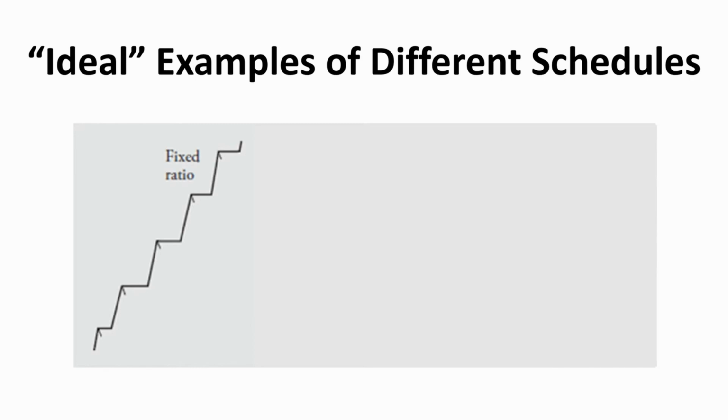So if we started with an FR10 and then switched to an FR20, where at the beginning the rat had to press the lever 10 times to receive reinforcement, but we switch it so that afterwards they have to press that lever 20 times to receive reinforcement, then we might expect to see ratio strain, which is a disruption of responding.